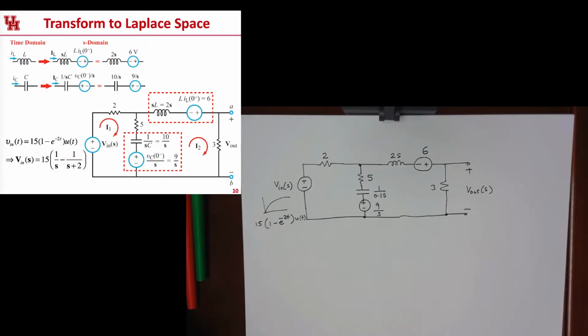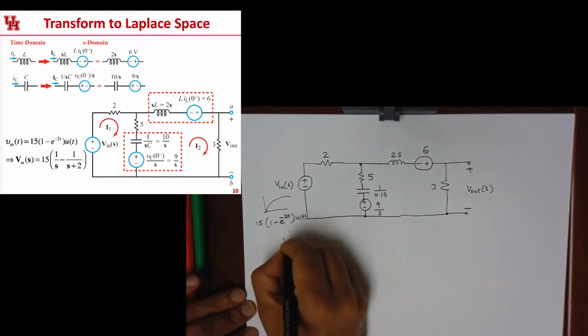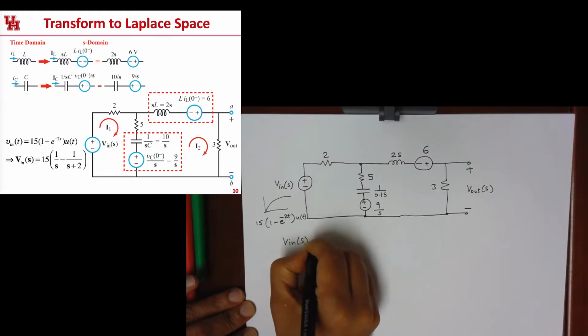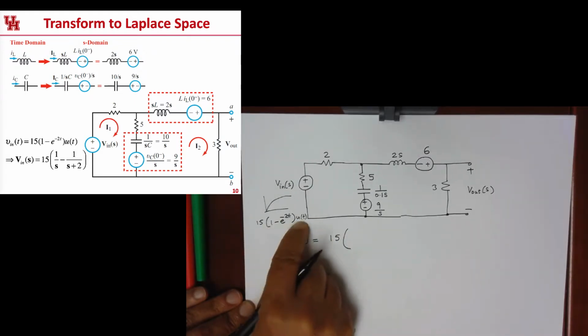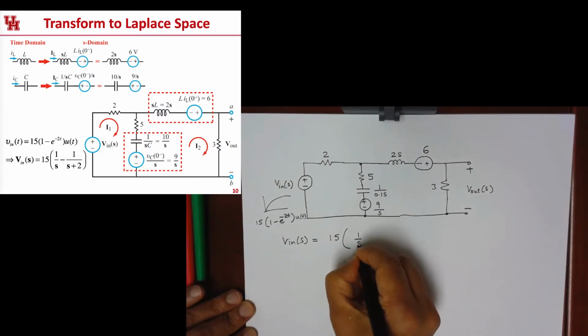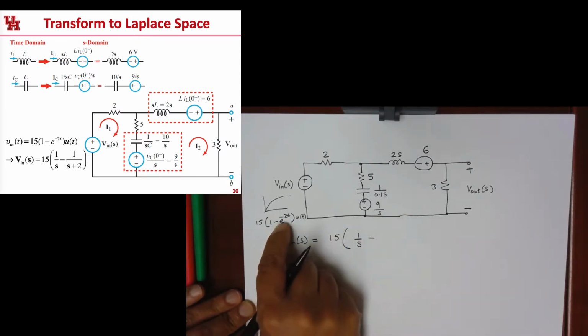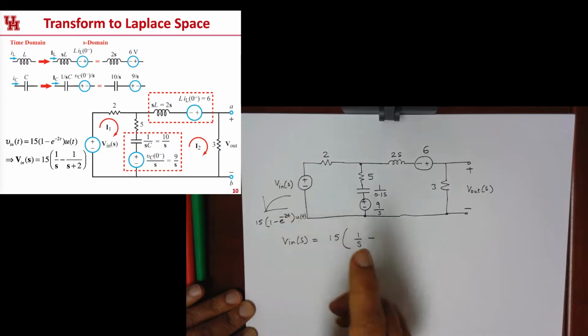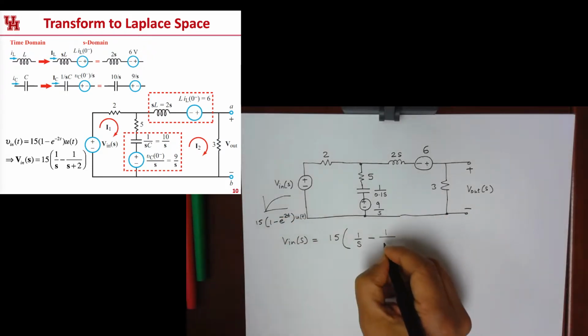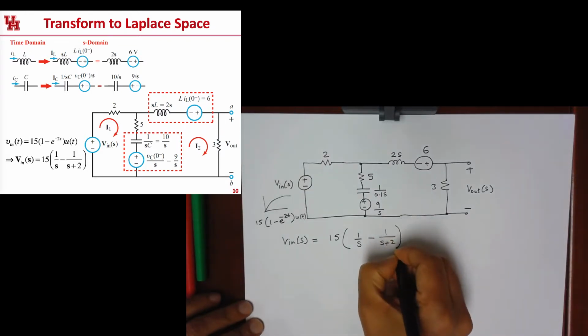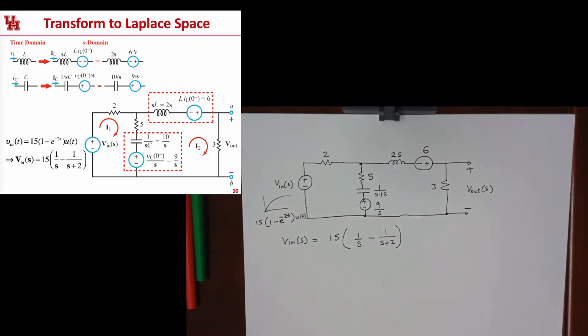So the Laplace transform of Vn is going to be 15 times the Laplace transform of 1 u(t), which is 1 over s, minus the Laplace transform of e to the minus 2t u(t), which is 1 over the frequency shifted version. So it's going to be s plus 2.